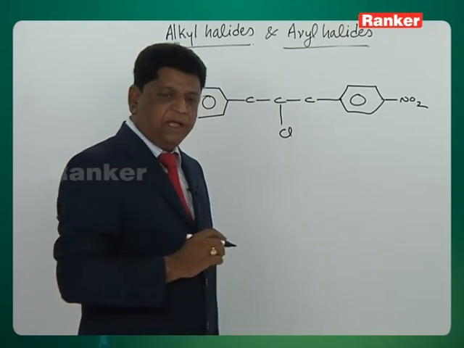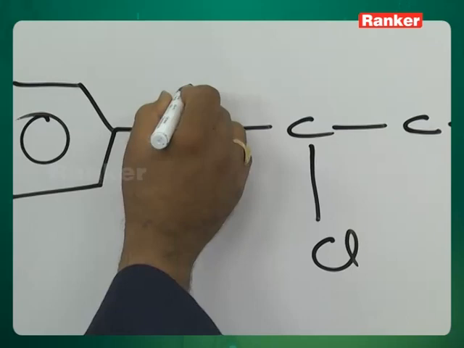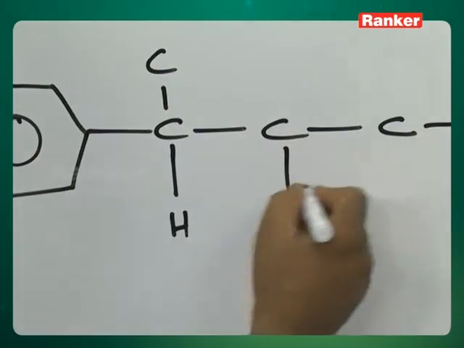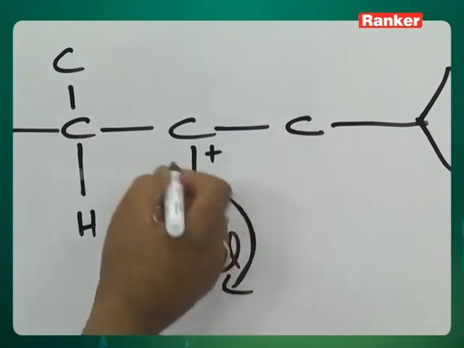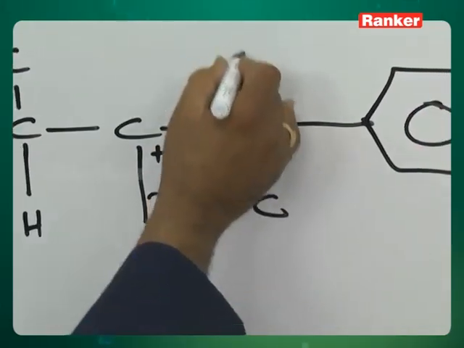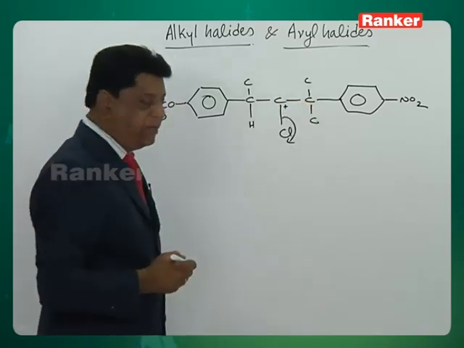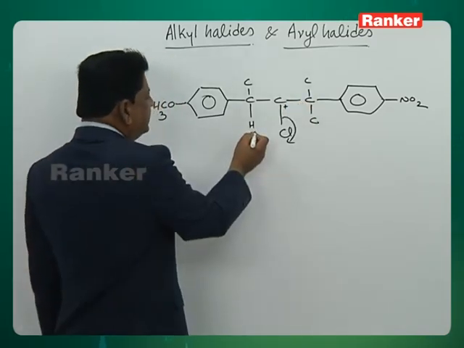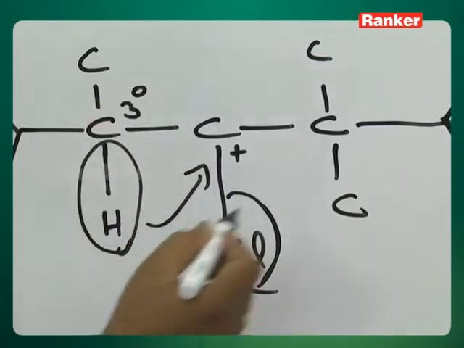However, we expect that a group like hydrogen or methyl may jump from here. When the Cl goes out, you get a carbocation, and we may expect this methyl to migrate so that a tertiary carbocation is formed. But there is also a chance that the hydride migrates and you get a tertiary carbocation.